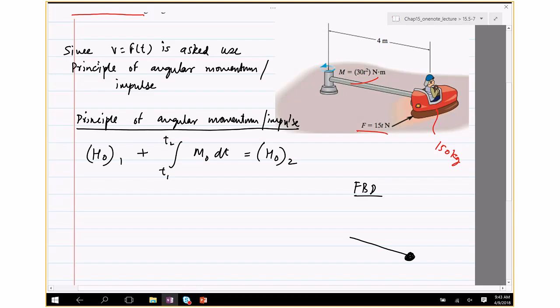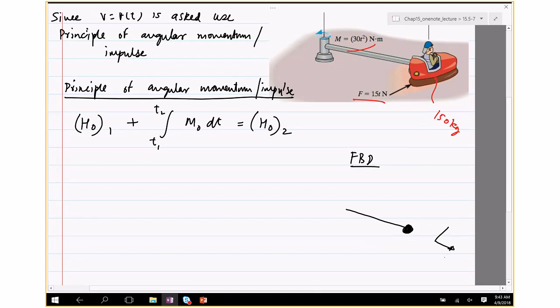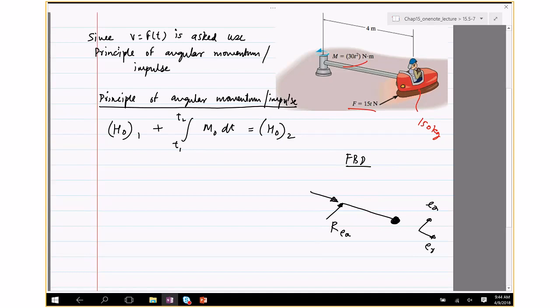So it's a free body diagram of the rider and the car, the front of the particle, the rod, and I'm going to break it up here. There'll be an external force here. If you like, you can put a reaction force in the e theta direction, and a reaction in the r direction.